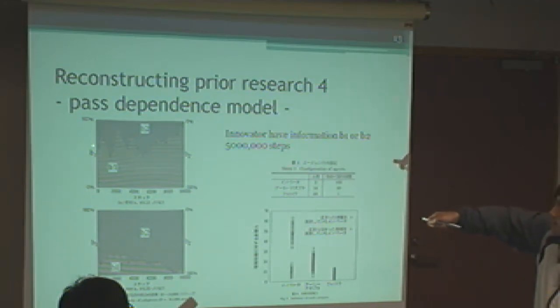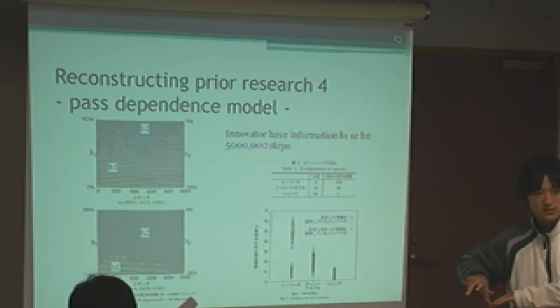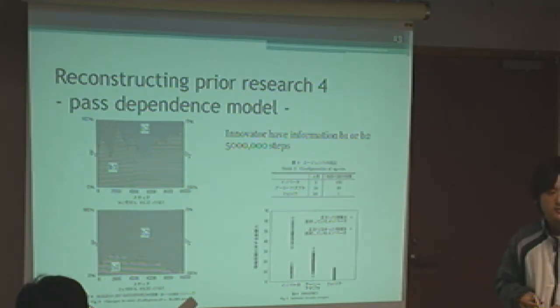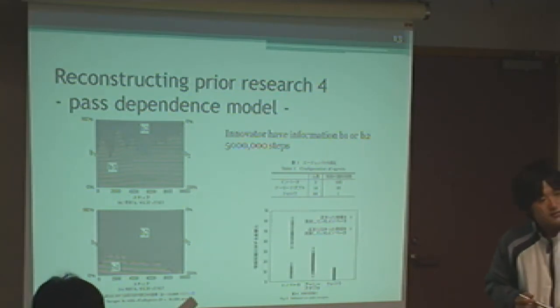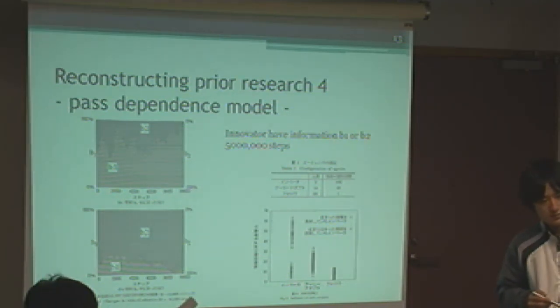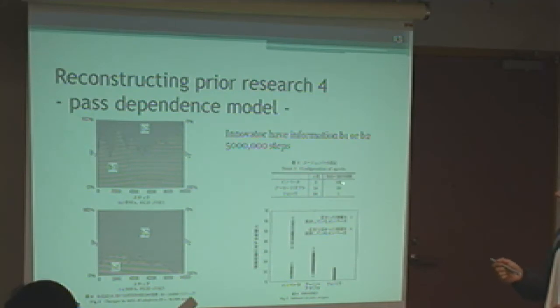So at first, only 2 agents have information, and they diffuse their own information to the other agents. Innovators have 100 B1s, not mixed. And early adapters have no information at first in this simulation. Then they improve. They may have mixed information. They can keep 10 information.